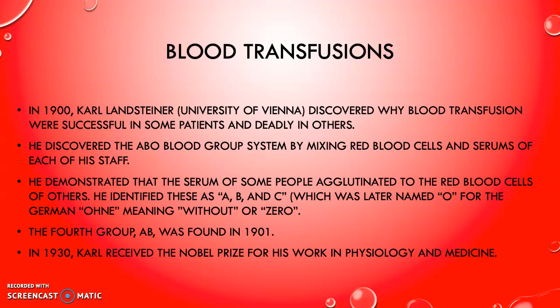He demonstrated that the serum of some people agglutinated, or firmly stuck together, to the red blood cells of others, and he identified these as A, B, and C, which was later named O for the German "ohne," meaning without or zero, and the fourth group, AB, was found in 1901.